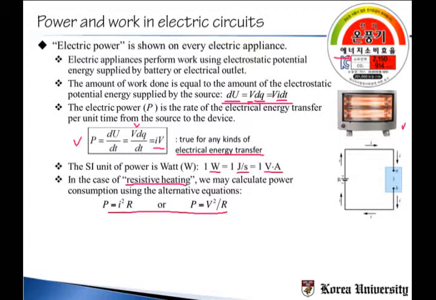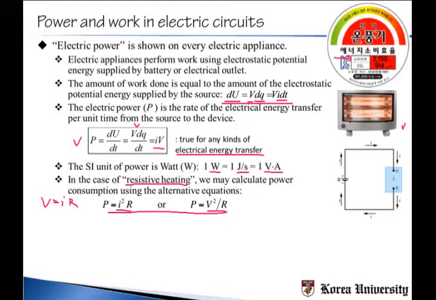And how did we get this? Remember from Ohm's law, V equals IR, right? So if you insert V into the above equation, then you will get I squared R. And if you insert I into the above equation, you will get V squared divided by R.